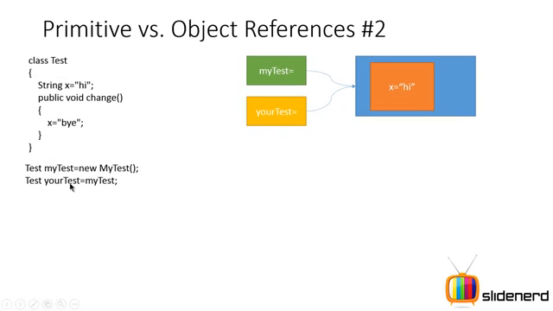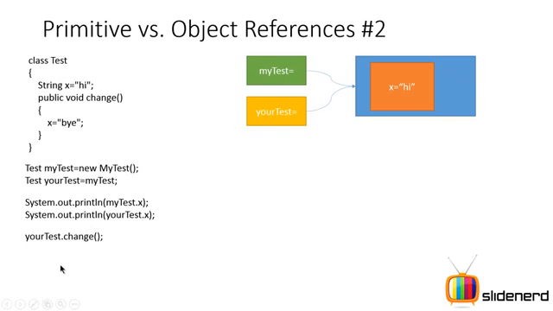YourTest is also going to contain the same address that myTest contains. That means myTest and yourTest are pointing to the same address where the actual object is stored. So now when I say System.out.println myTest.x, yourTest.x, it's going to be simply hi on both sides.